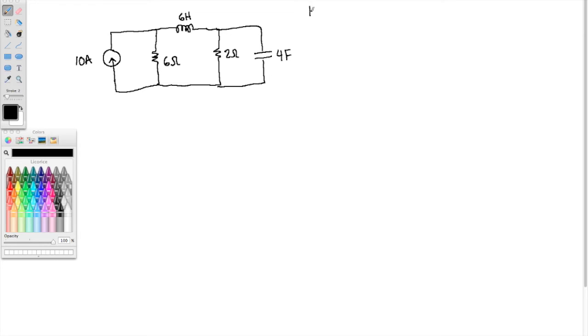And again, find the energy stored in the capacitor and inductor.